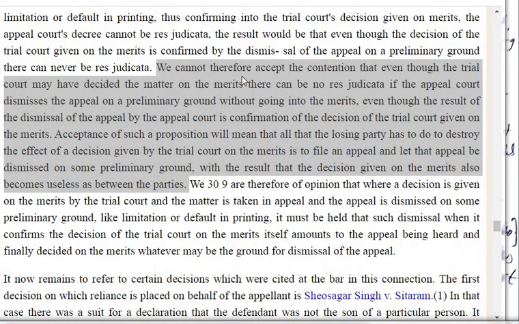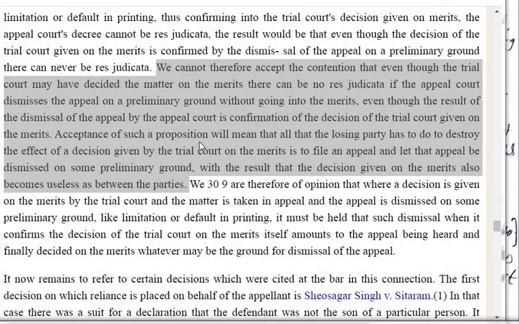We cannot therefore accept the contention that even though the trial court may have decided the matter on the merits, there can be no res judicata if the appellate court dismisses the appeal on a preliminary ground without going into merits, even though the result of the dismissal of the appeal by the appellate court is confirmation of the decision of the trial court given on the merits.